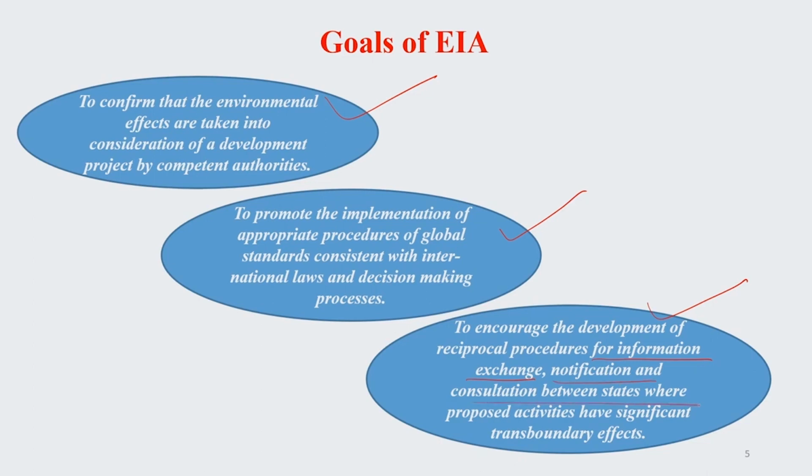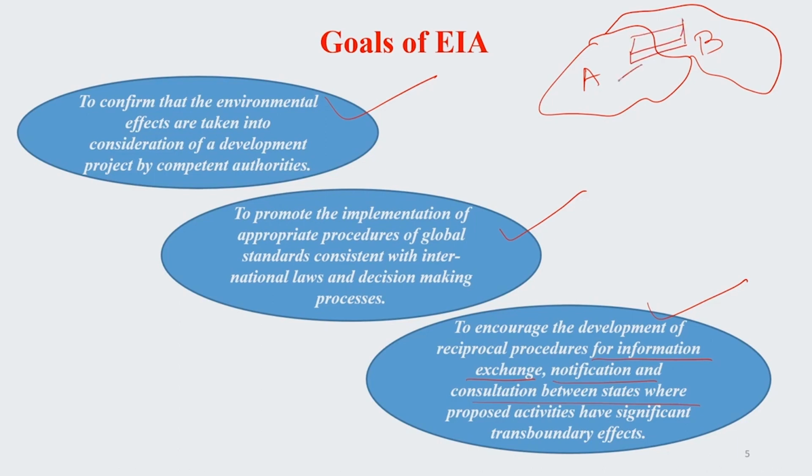Notification and consultation between states where proposed activities have significant transboundary effects needs to be taken care of. Suppose there are two states, all right. Suppose this is state A and this is state B. Now, you have a project which has the boundary right at perhaps half of that project in this state and half going into the other state.